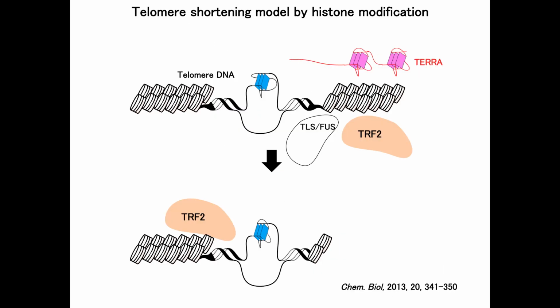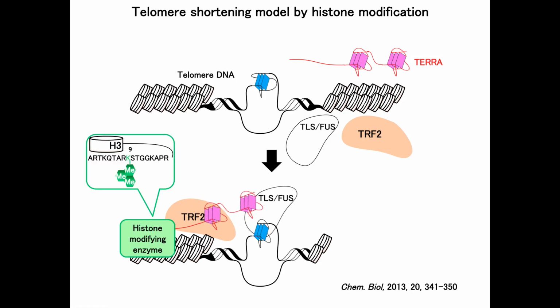Not only POT1, but TRF1 and TRF2 are very important telomere binding proteins, and these proteins can bind to the G-quadruplex, but do not unfold it. These proteins fold the G-quadruplex. This G-quadruplex binding protein binds to the G-quadruplex DNA and the G-quadruplex RNA in the telomere region, and then induces heterochromatin in this region.